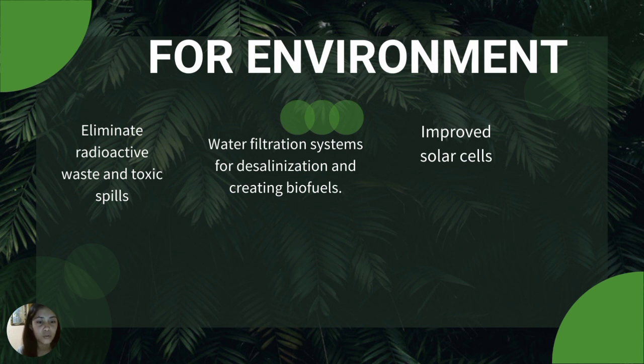We all know that biofuels are very useful to humans without harming them. From the word itself, biofuels, bio means that fuels come from organic materials, which are not harmful. And the last one is it can improve solar cells.